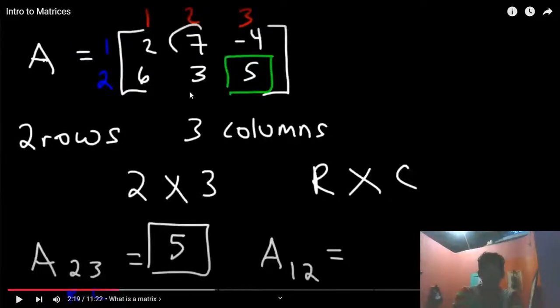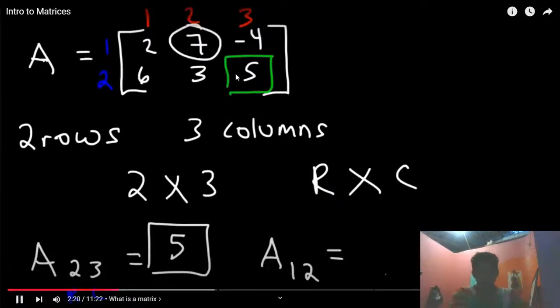The answer for A12 is 7, from the first row, second column. The answer for A21 is 6, from the second row, first column.